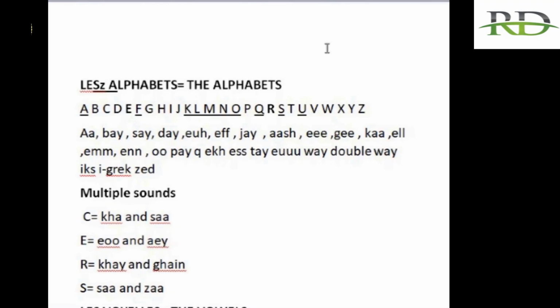Why? Can anybody tell me? What is something unusual about the Urdu language? Mixture of languages. Yes, it's a mixture of languages, but there's one thing which is very much there which is not there in the English language.